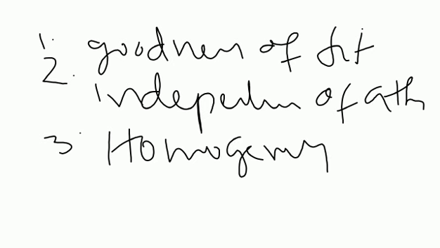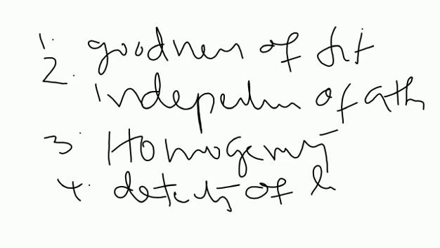Last one, to test detection of linkage. So to test goodness of fit, to test independence of attributes, to test homogeneity of independent estimates of population, to test detection of linkage. So these are the very important applications of the chi-square test.